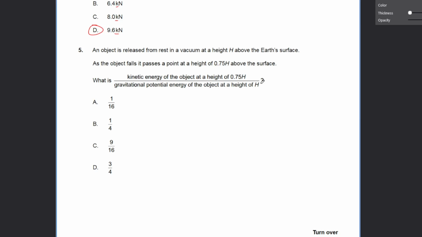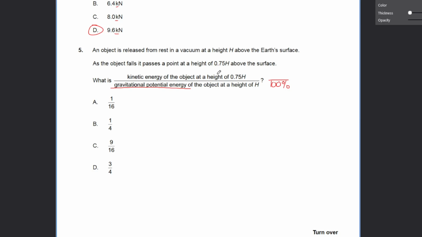Since its velocity is 0, we have no kinetic energy. And the total energy is going to be the potential energy plus the kinetic energy. So 100% of the total energy is from this gravitational potential energy.